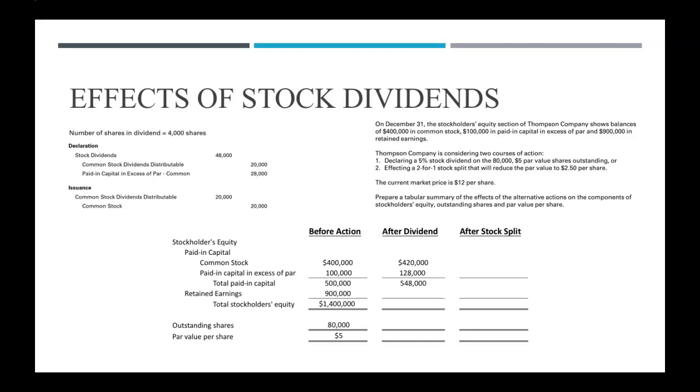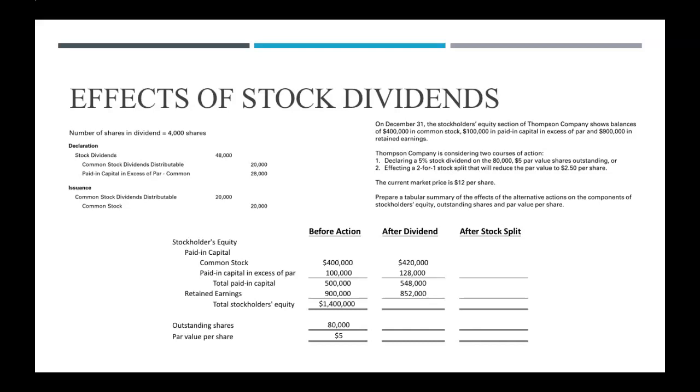Your retained earnings is where you get the money for the dividend. So your stock dividend amount of 48,000, you're going to take that away from your retained earnings. So our retained earnings decreased by 48,000.